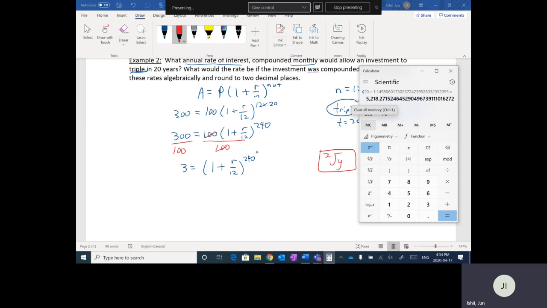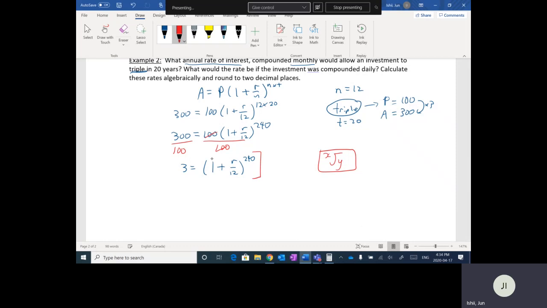What you want to do is raise each side to the 1 over 240th power. With exponent rules, if you have an exponent outside an exponent, you multiply them together. Well, 240 times 1 over 240 is equal to 1, so this cancels that out.